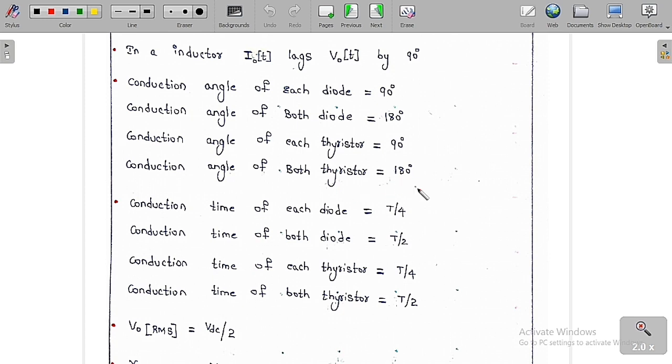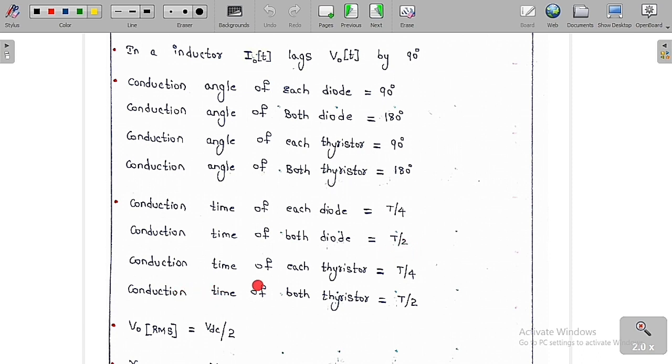So simply we can say that each switch or each diode is conducting for only 90 degree. Both switches are going to conduct for 180 degree, and similarly both diodes are going to conduct for 180 degree. In terms of time, the conduction time of each diode is equal to T by 4, and the conduction time of both diodes is equal to 2 into T by 4, which is T by 2.